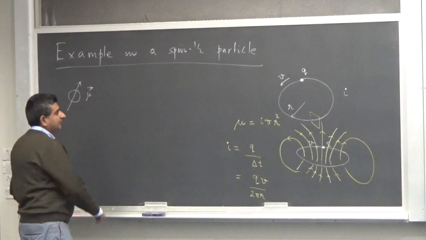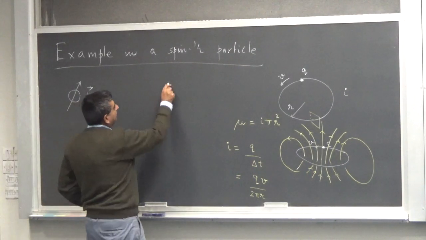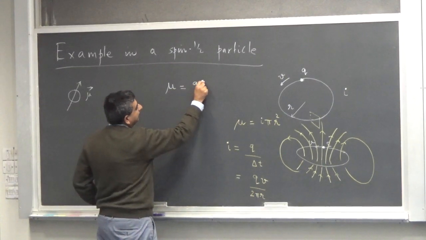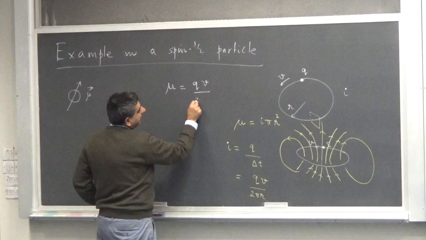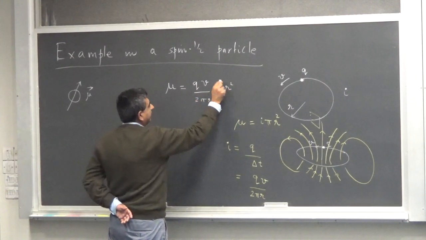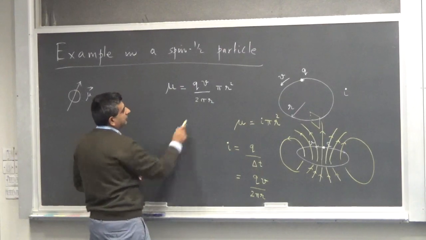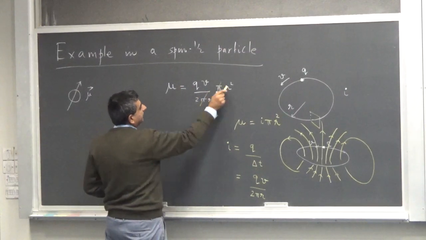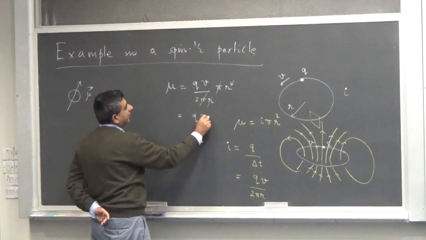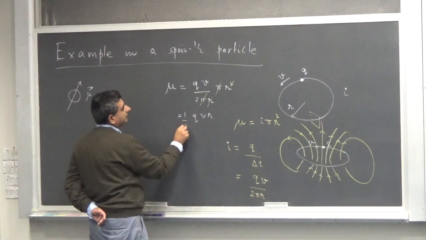So hence, the magnetic dipole moment for this current carrying loop could be written as Q v over 2 pi r, times pi r squared. The pi's go away, one of the r vanishes, and I'm left with Q v r over 2.